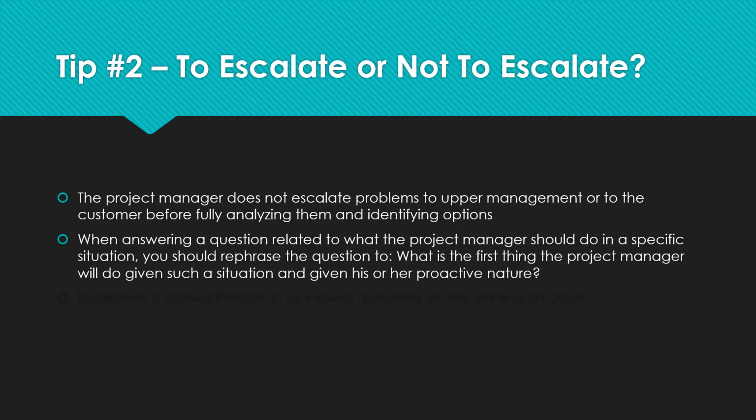So, in the PMP question, you must first analyze whether the project manager was proactive or not, and then whether he or she has gone over all the options available and has acted on them or not. If all of this has been done, then obviously there is no choice left but to escalate, right?